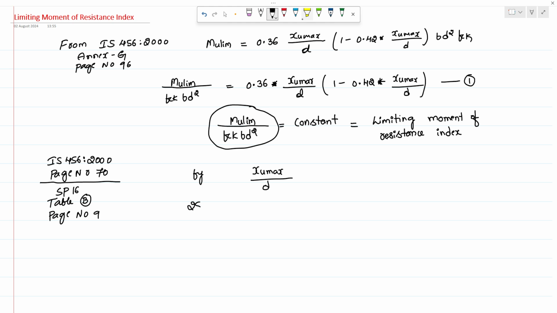So for 250 grade it is 0.53, for 415 it is 0.48, for 500 it is 0.46, for 550 it is 0.44. So let me verify the code.